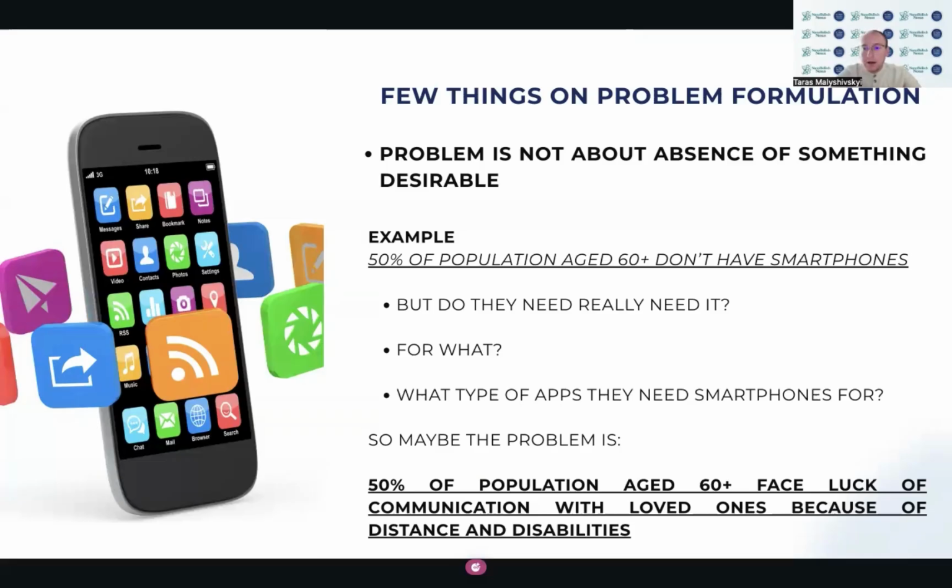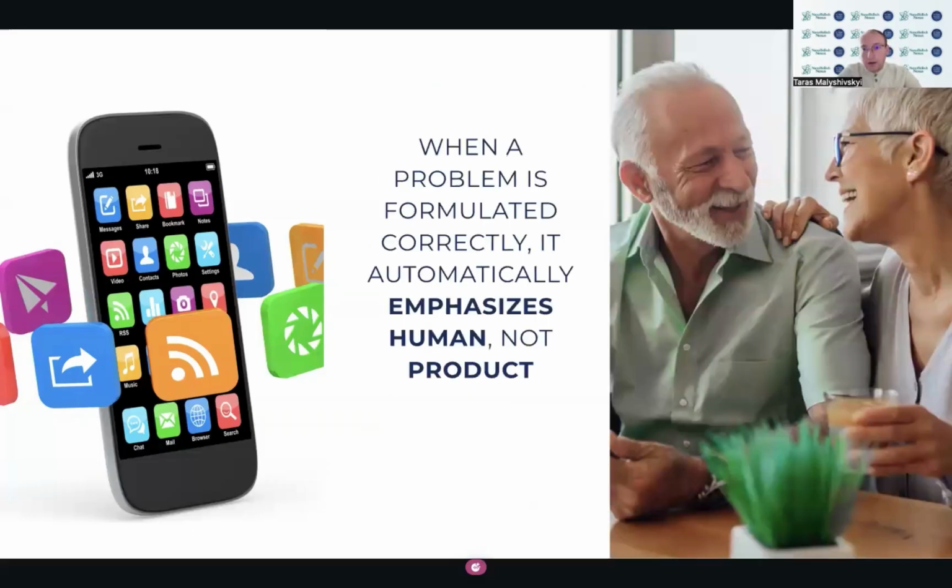So if you start answering these questions, you see that maybe the absence of smartphones is not the problem. The problem is lack of communication with loved ones because of distance and disabilities. And if you put the problem this way, it automatically emphasizes the human, and that's what we are desiring.